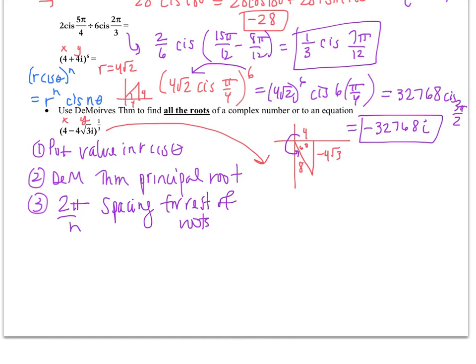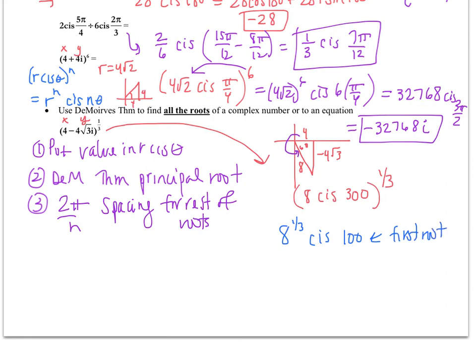Therefore, what I'm looking at is 8 cis 300 raised to the 1/3 power. From here, I'm going to do de Moivre's theorem. And de Moivre's theorem is basically saying I'm going to do 8 to that exponent, so 8 to the 1/3, cis, and then I'm going to do 1/3 times 300, which gives me 100. And this right here is my first root.